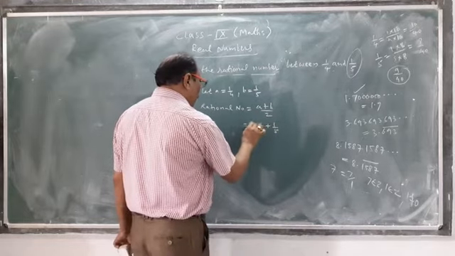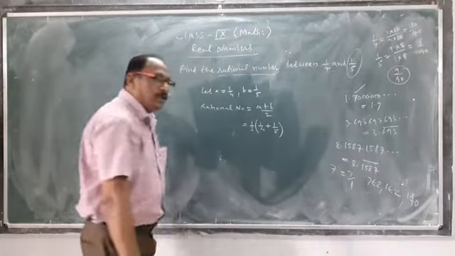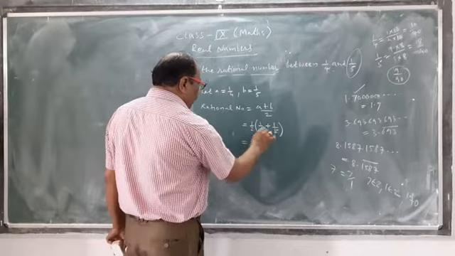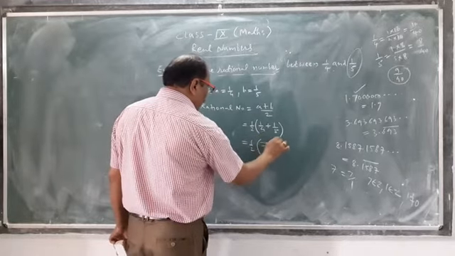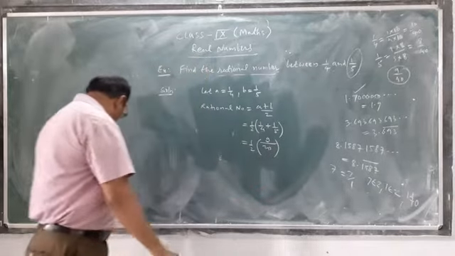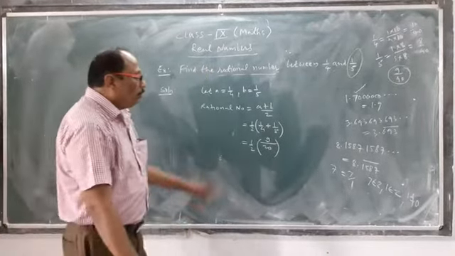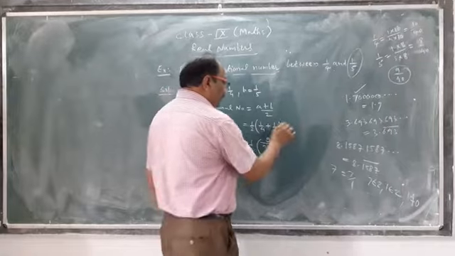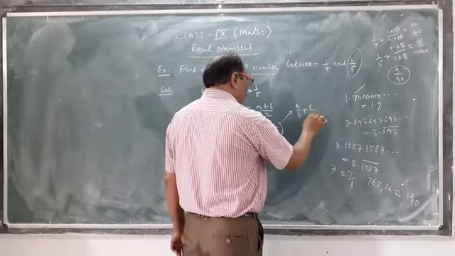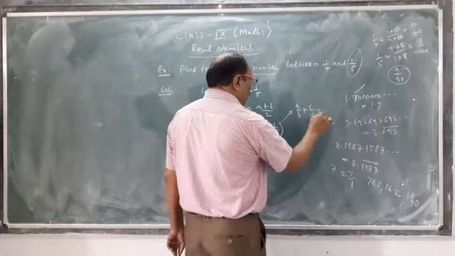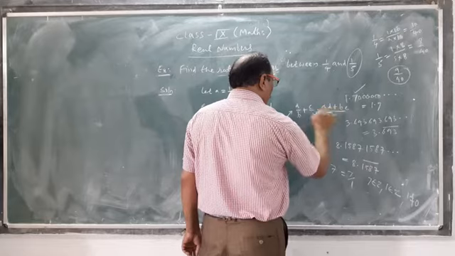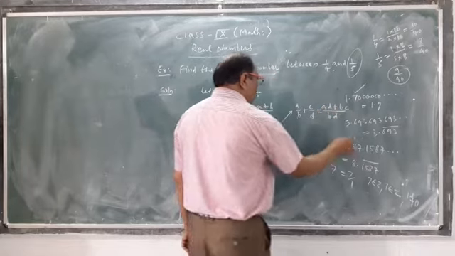Upon 2 means 1 upon 2. Then 4 into 5 is 20, 5 into 1, 4 into 1, it is 9. 1 upon 4 plus 1 upon 5 means like this: a upon b plus c upon d is equal to (a into d plus b into c) upon b into d.